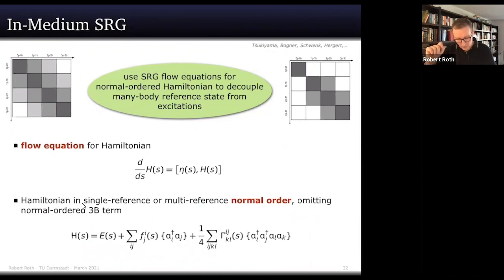And you plug this normal-ordered Hamiltonian, after truncating away the three-body terms, we discussed that, that's the NO2B approximation, into your flow equation. And you evaluate this whole flow equation at the level of normal-ordered operators. So that means everything is technically at the A-body level, but from the computational perspective, you only have to deal with the 0-body, 1-body, and 2-body matrix elements because you've thrown away all the rest.